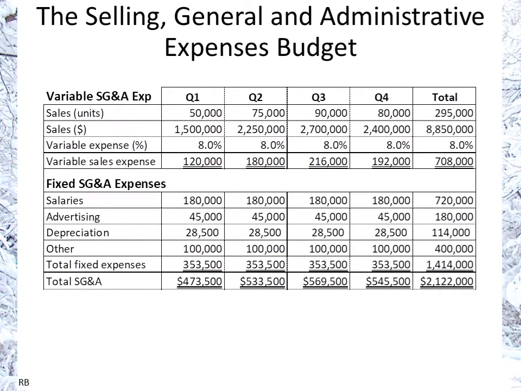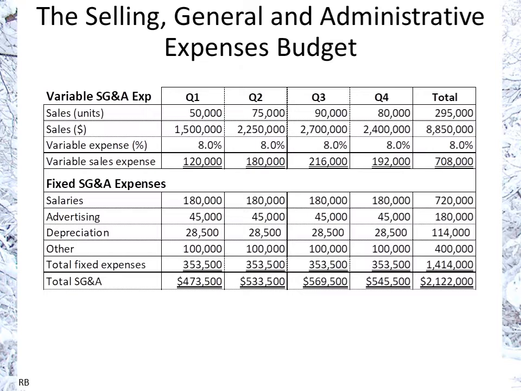Now, for the sales, general, and administrative expenses budget, we break it down into two in this case, variable and fixed SG&A expenses. Here, it's connected to sales. So the top line is the sales number in units and in dollars. We have then a variable expense as a percentage of the sales dollars, and that tells us what our variable sales expenses are.